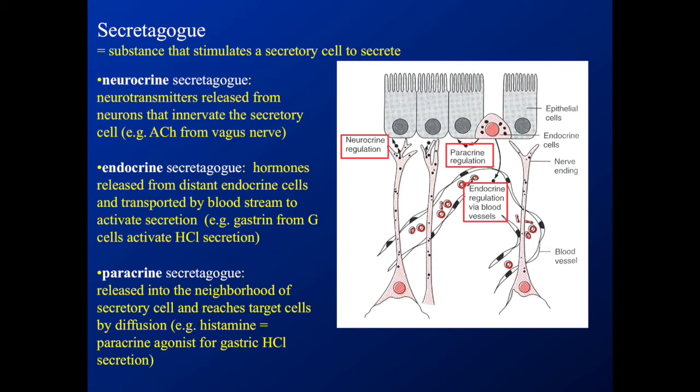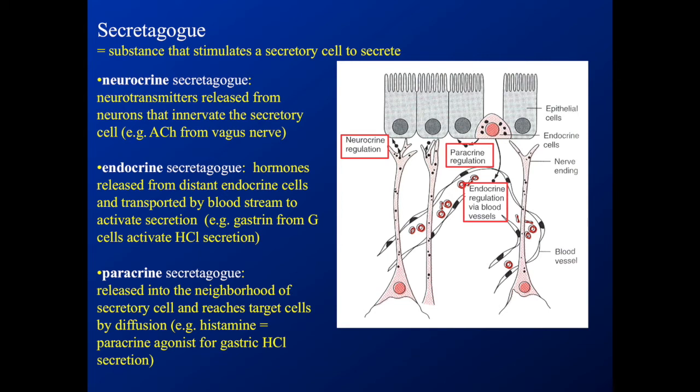You have the neurocrine secretagogue, and these are neurotransmitters that are released from neurons that innervate the secretory cells, like acetylcholine from the vagus nerve, and then these neurotransmitters will affect a certain secretory cell, and then the secretion will come out of the gland, and this is neurocrine.